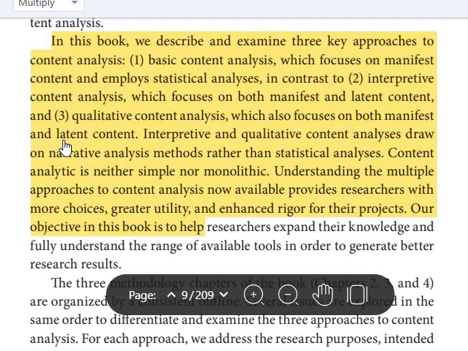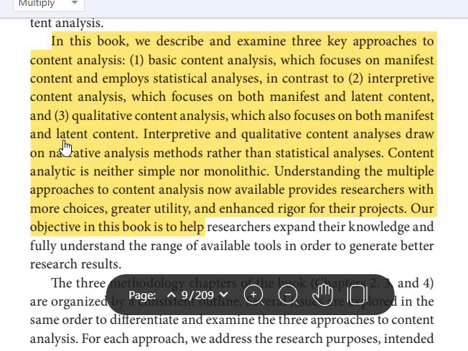It also says that the interpretive and qualitative content analyses draw on narrative analysis methods rather than statistical analysis. So we should understand this point. The first approach, which is the basic, uses statistics, okay? But the second and the third, the interpretive and the qualitative, both of them depend on narrative analysis.